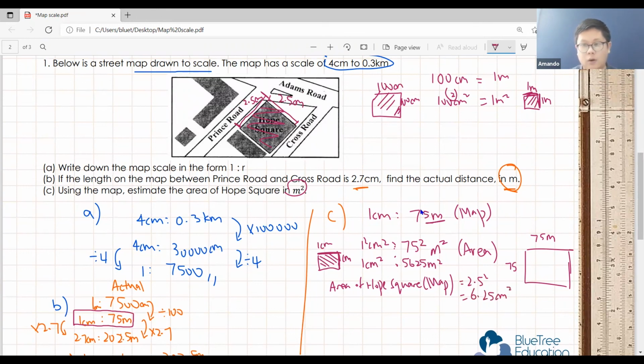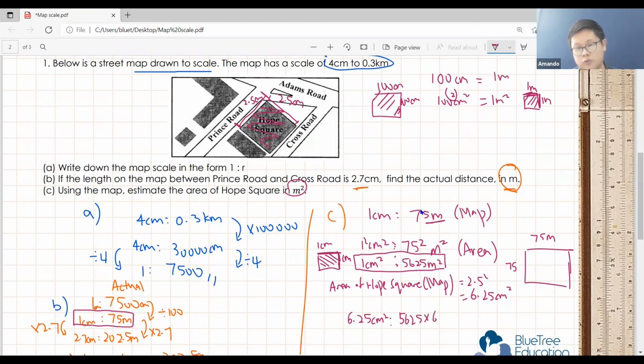Then we're going to use this number inside the ratio. So remember to use the area ratio, no longer the map ratio, right? Because this is the map number, you have to put it on the left. It's the same as getting from 1 cm square into 6.25. Everything will times 6.25, including the right side.